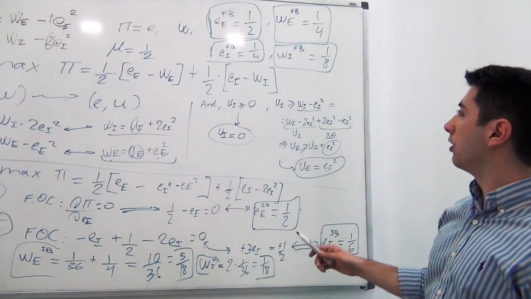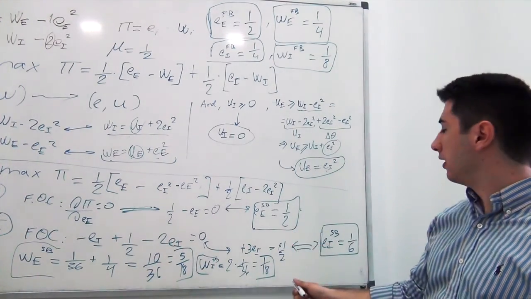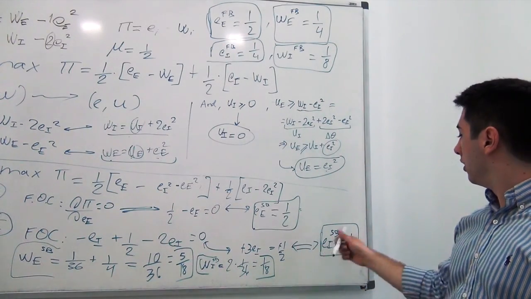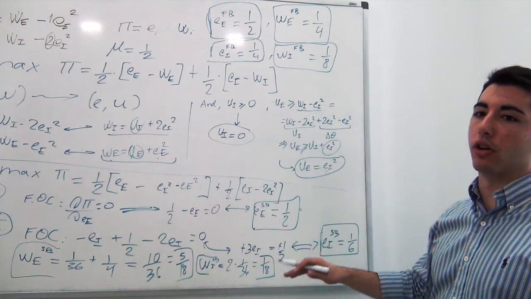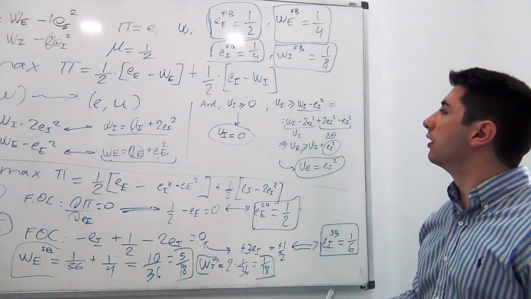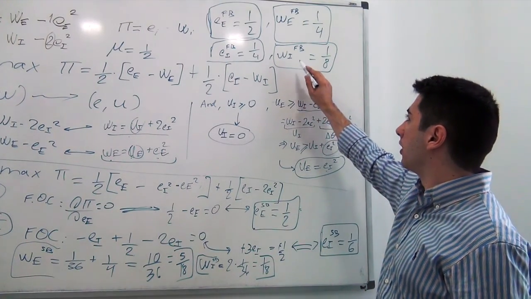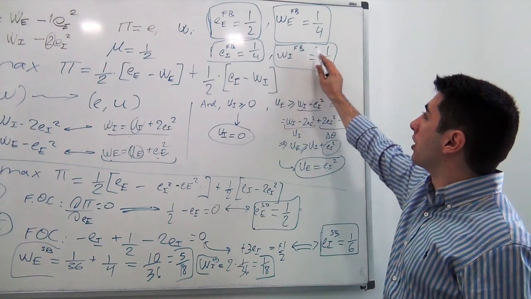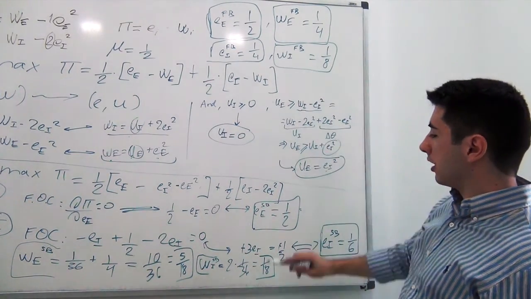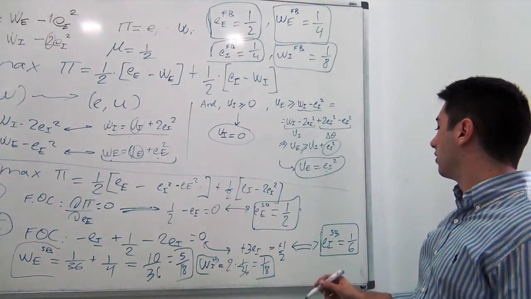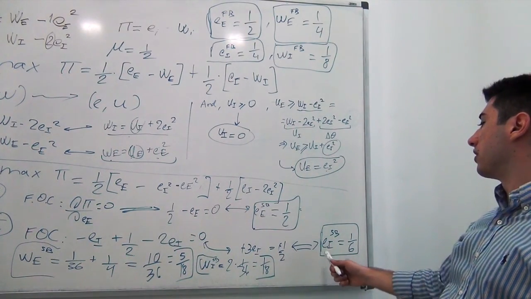But also, because we are going to set his utility equal to 0, if we require him lower effort, we are going to also pay him a lower salary. So of course the salary of the inefficient in the first best is bigger than in the second best, because in the second best he is required to exert a lower effort.